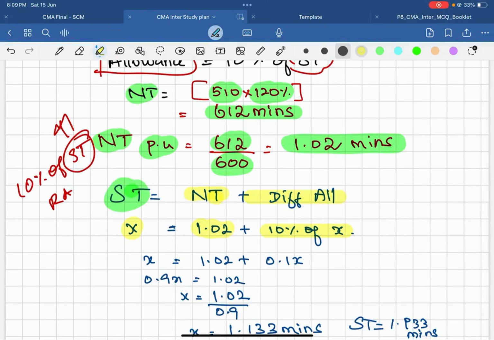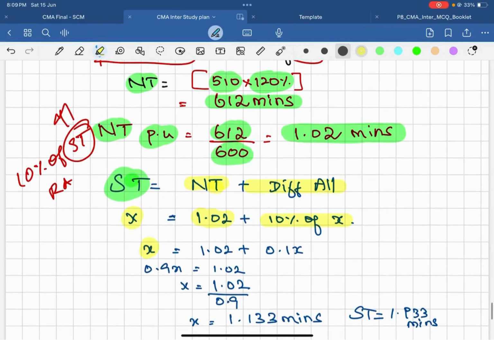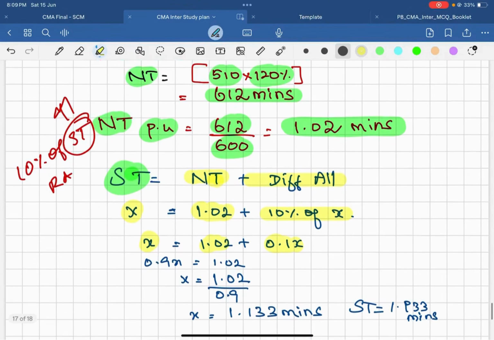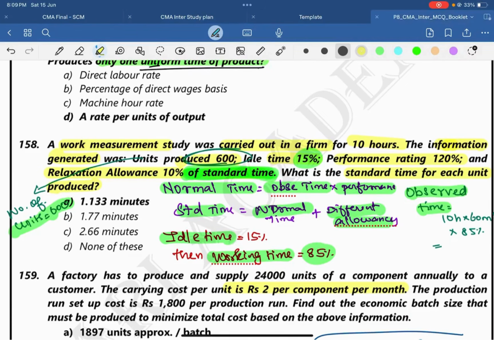So X equals 1.02 plus 0.1X. If I subtract, it will become 0.9X equals 1.02. Then X will become 1.02 divided by 0.9, which is 1.133 minutes. So my answer is 1.133 minutes.